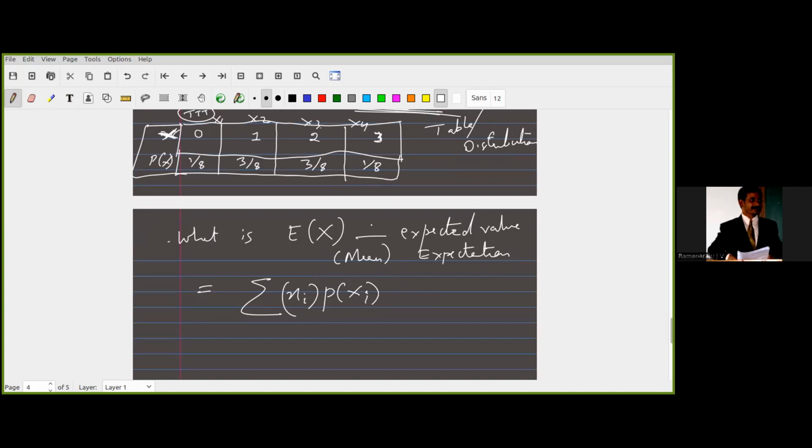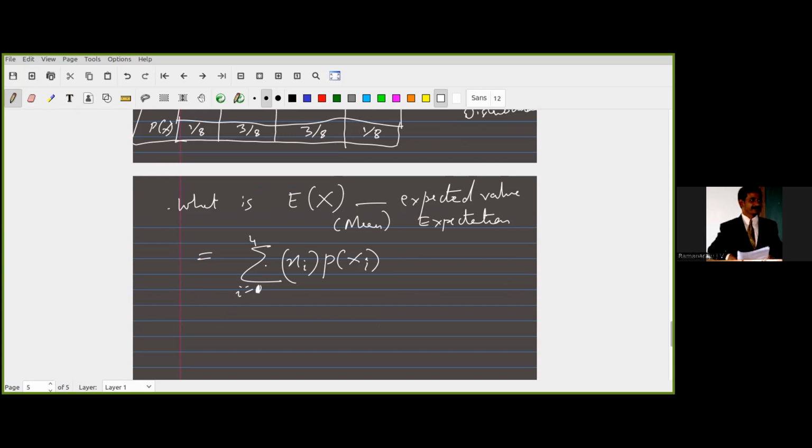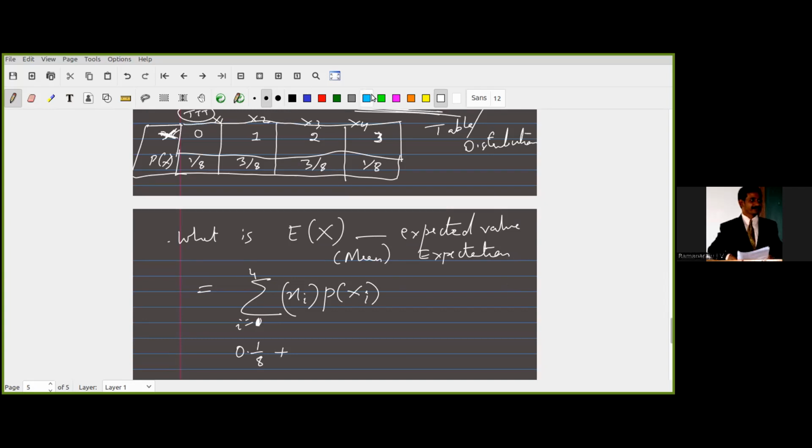We have four such things, with i running from 1 to 4. You add all the four possibilities, and you soon see that it is 0 times 1 by 8, that is the first thing.